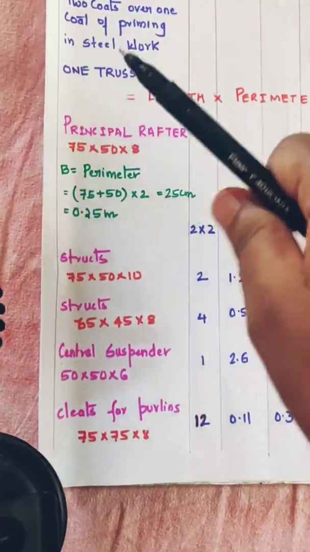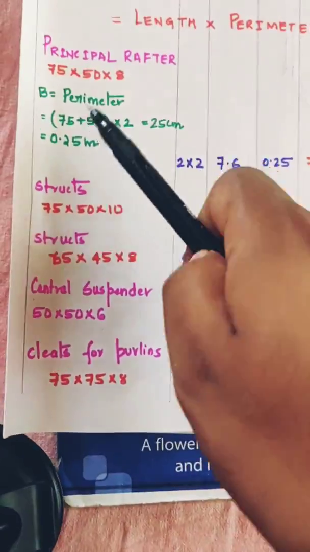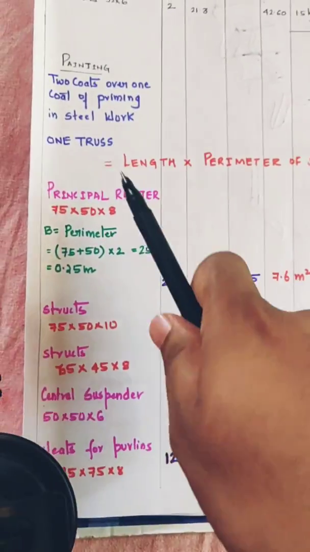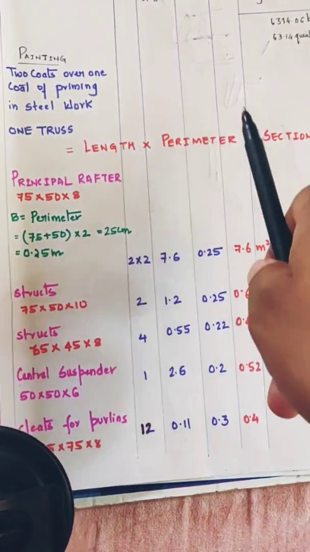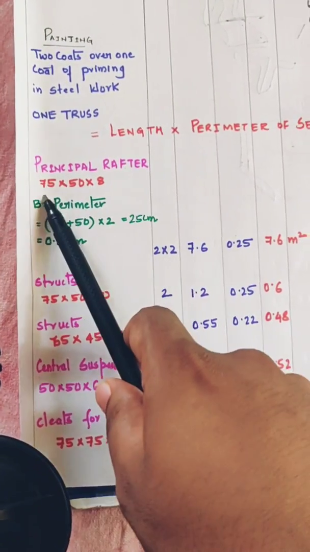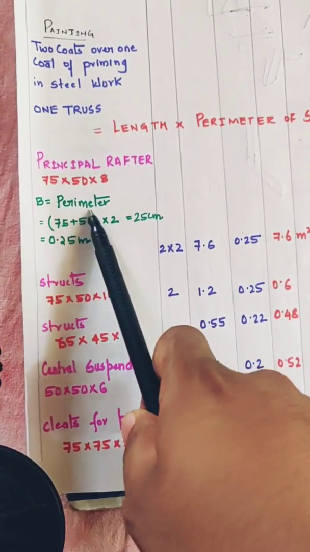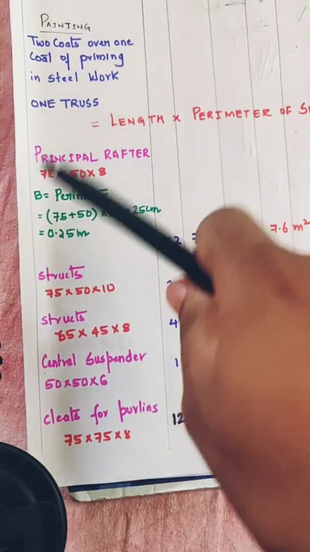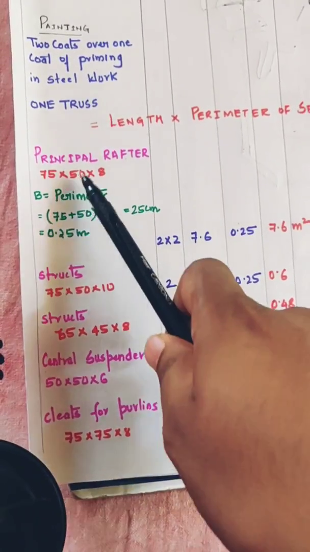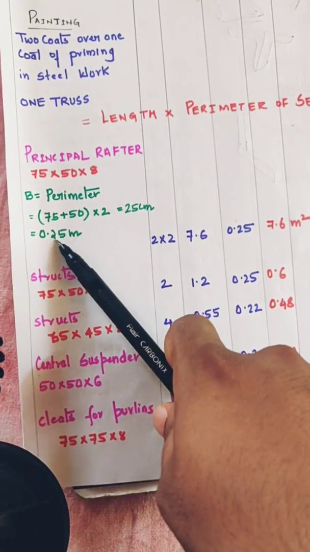So if I take the principal rafter, listen to this carefully, I am going to explain only this one and the rest I'll just go through. Truss length into perimeter of the section is what I explained with the figure. Principal rafter is size 75 by 50 by 8. To calculate the perimeter, 75 you are going to paint on 2 sides plus 50 on 2 sides, so multiply that with 2 and you get the total perimeter.